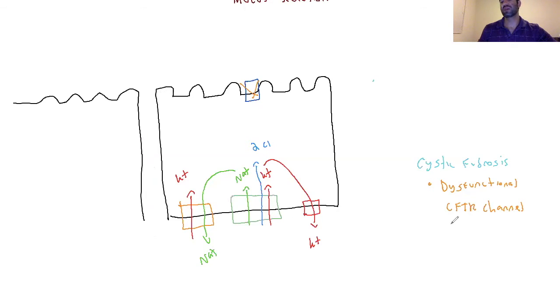So it is caused by a dysfunctional CFTR channel, characterized by no ion movement through the apical membrane and thick mucus.